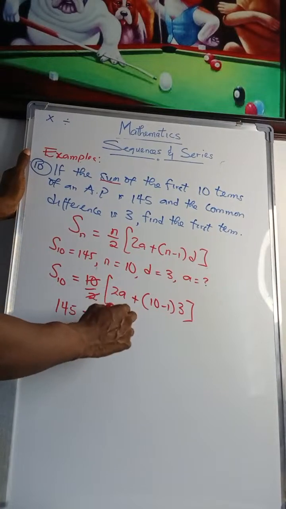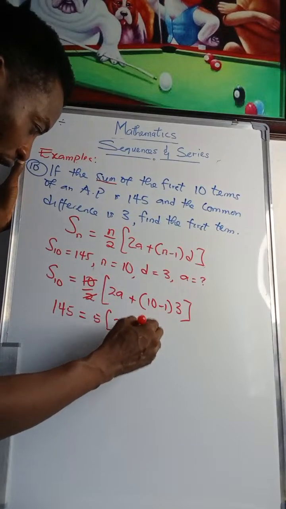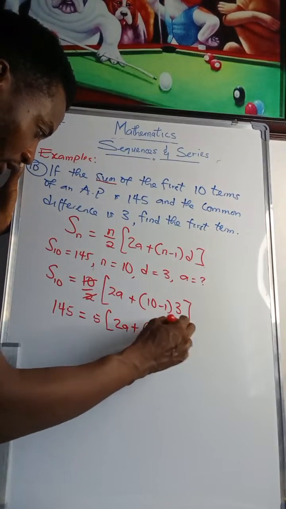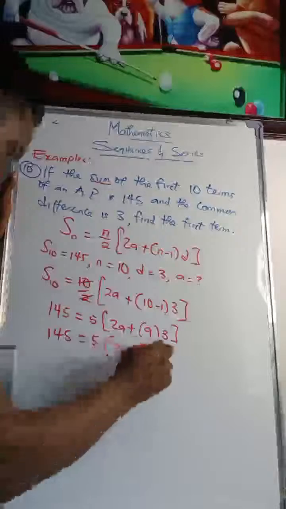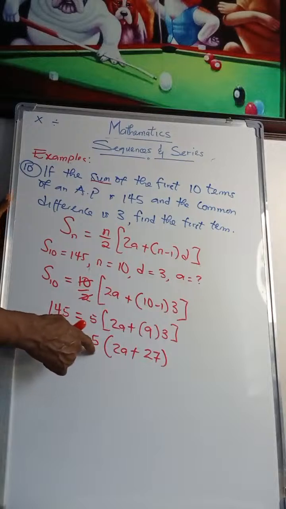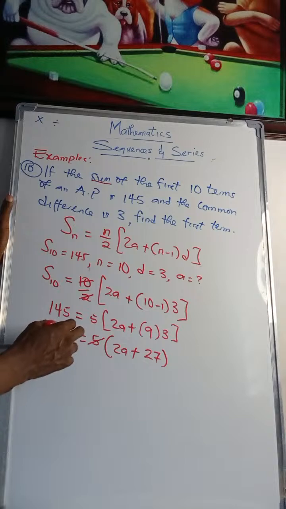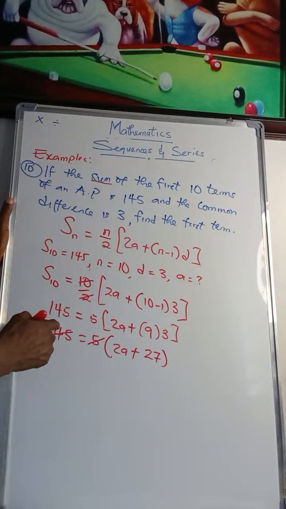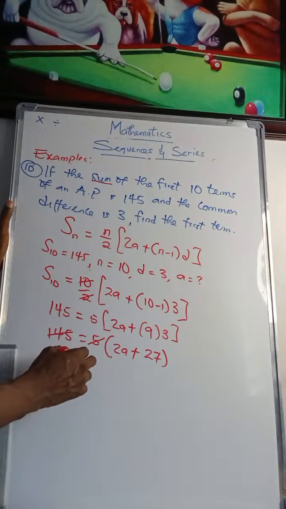So we have 2a plus 9 times 3, and 9 times 3 is 27. So we can divide 145 by this 5. What is 5 in 145? 5 in 14 is 2, that is 29. Equals 2a plus 27.